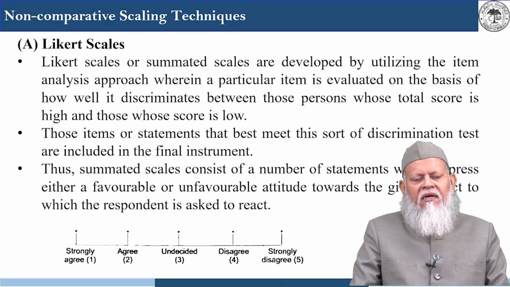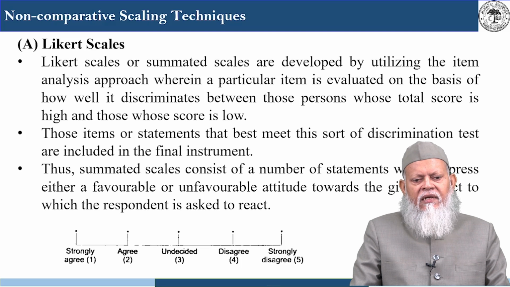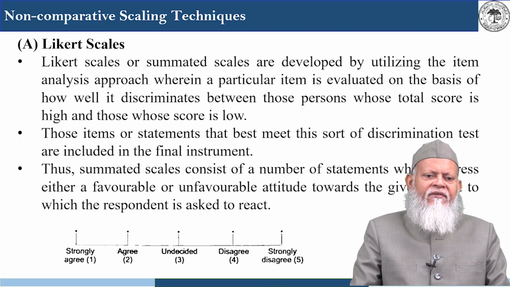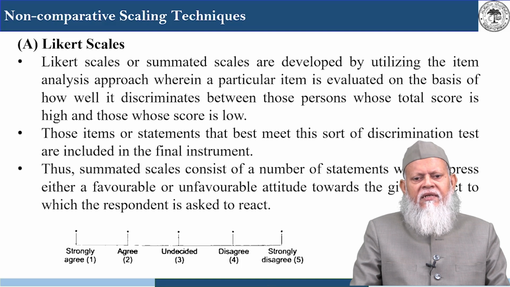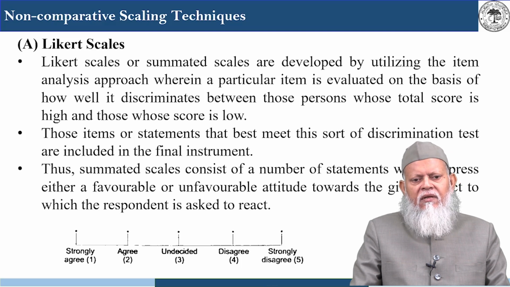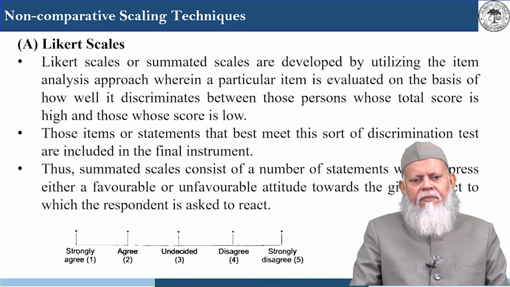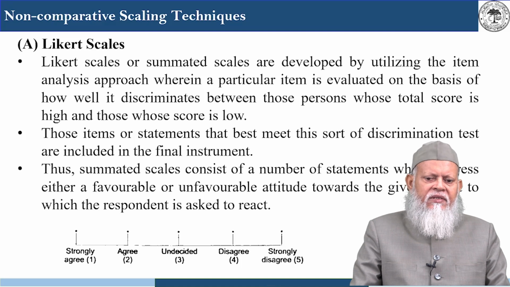Likert scale is a very popular scale, but in this lecture, where we have to cover all the non-comparative scaling techniques, it is not possible to discuss the Likert scale in detail. This is why we may be discussing the Likert scale separately in one of the lectures.